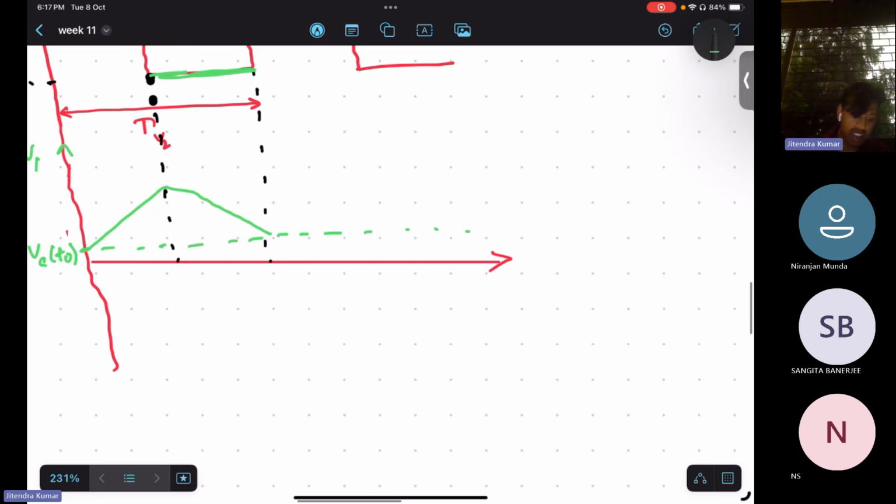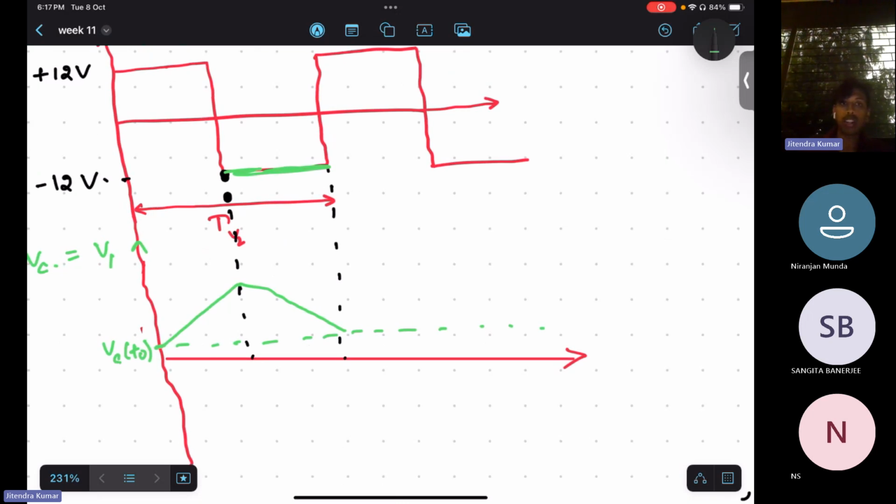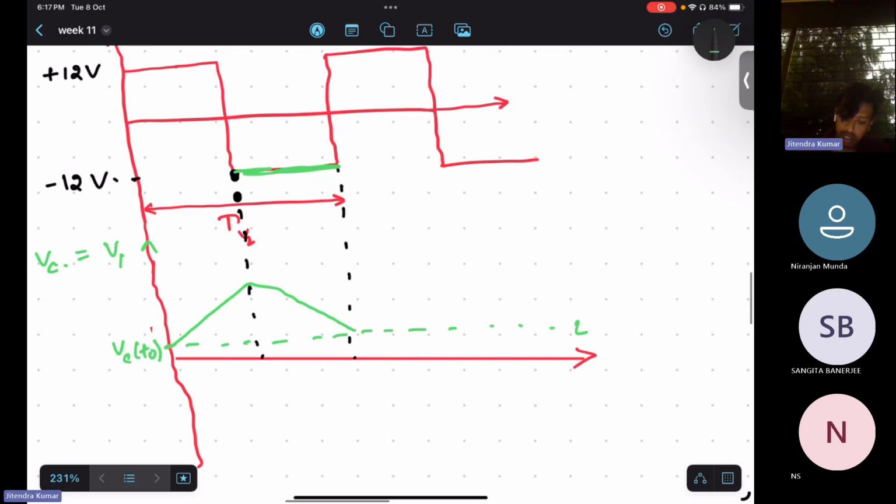We have the value of slope, and what this value of slope is, we also need to find out. This slope will vary between limits; consider this as LTP and this as UTP.